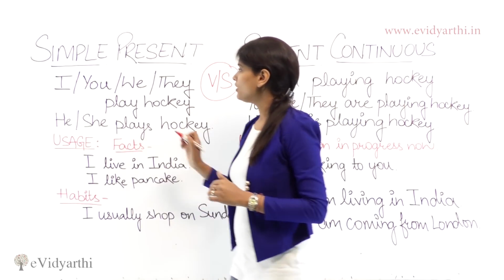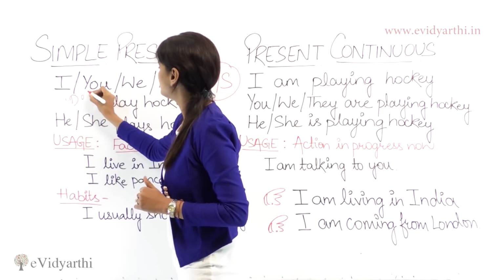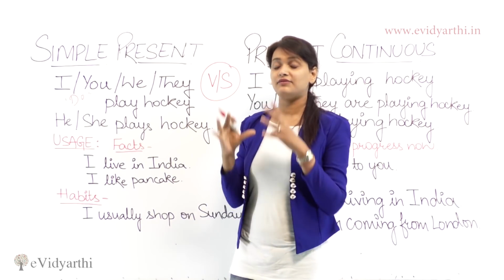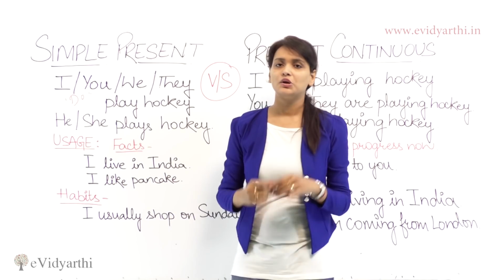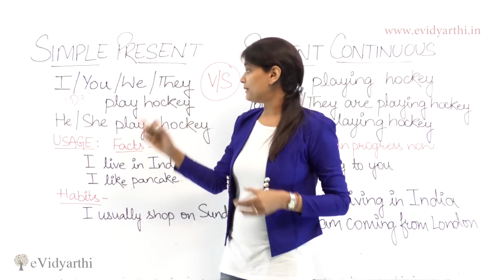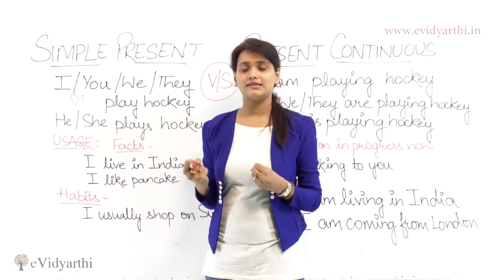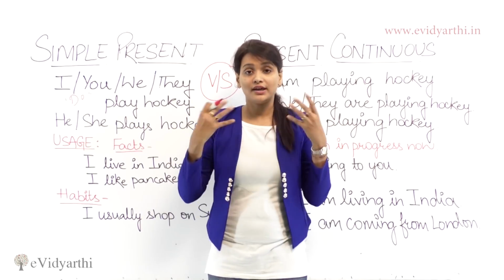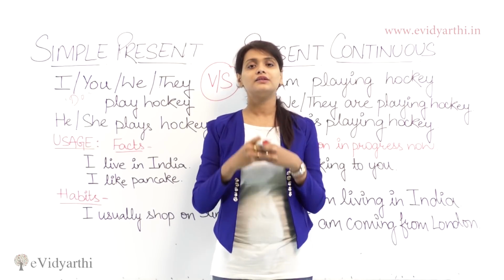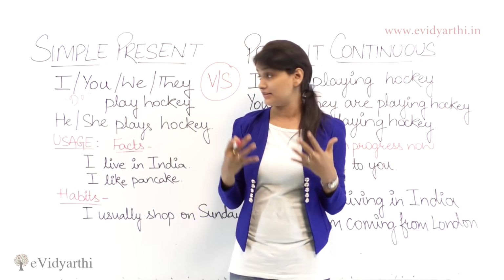So where we use do with I, you, we and they. Generally, it is said that with plural subjects, we use do as an auxiliary or helping verb. But with positive sentences, we don't use do or does. When we create an interrogative sentence, we make questions, or we say something in negative, then the use of do and does actually exists in a sentence in simple present tense.